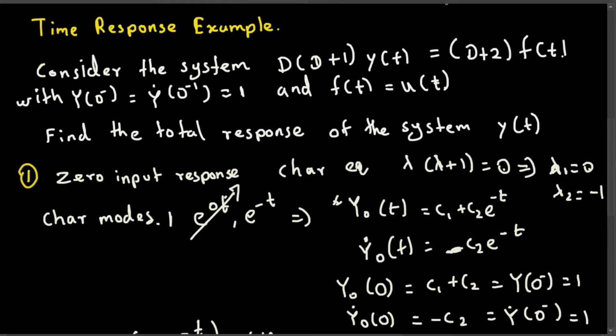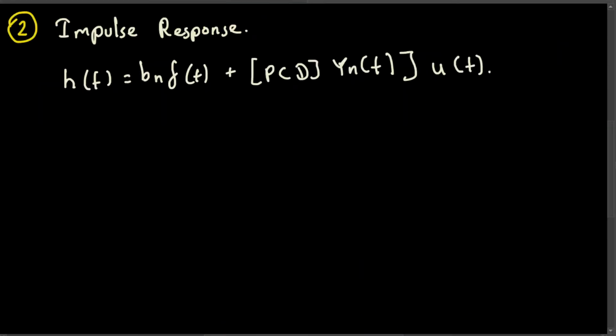From the question, we have this equation given, so I'm going to write that over here: (D+1) y(t) = (D+2) f(t). From this we can find the order.